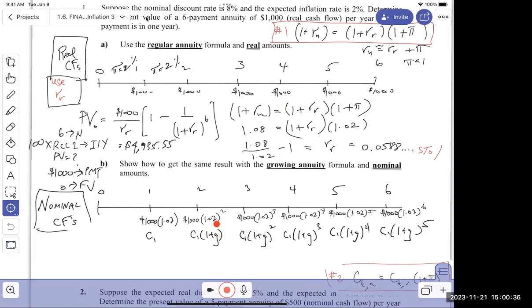And the G is 2%. In other words, the growth is inflation, right? So you should be able to do that now.